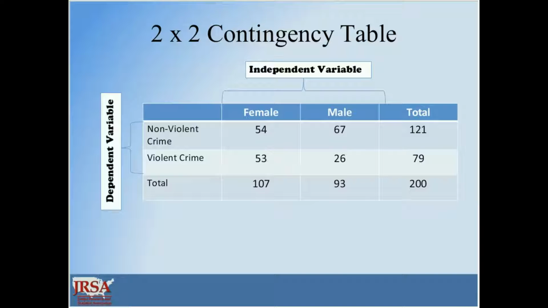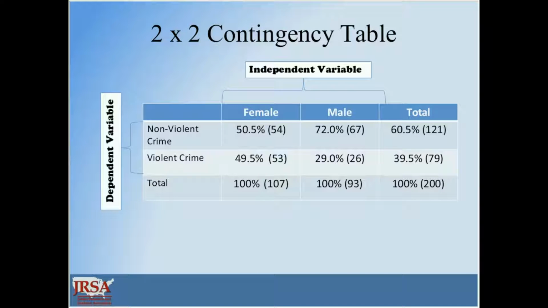However, one must be cautious when interpreting the numbers because the sample size between males and females differs slightly. In other examples, the sample differences between the variable of interest can be quite different. And so in order to get a better sense of what this distribution means, one must look at the percentage distribution across these two groups. So this is the same exact table as before, only now there are also percentages.